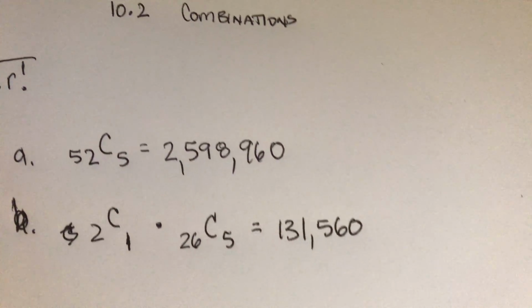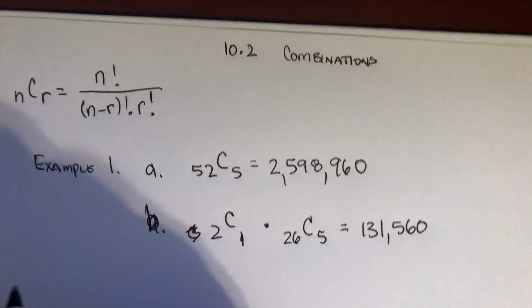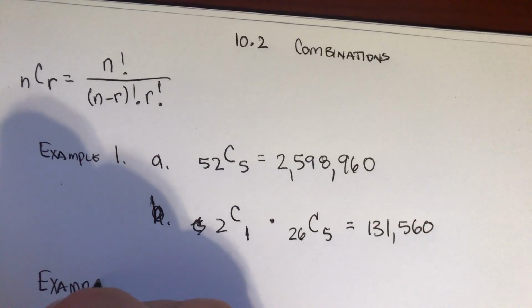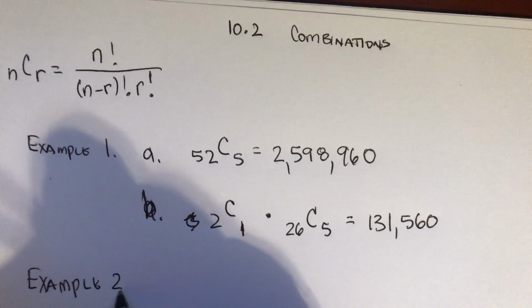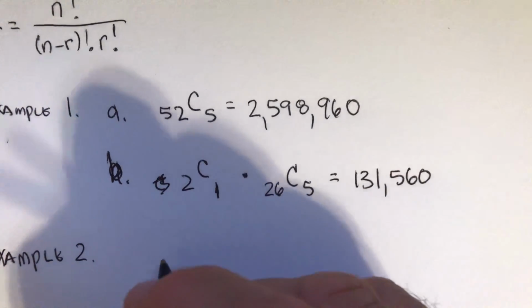Okay, let's look at example number 2, because example 2 is a little more involved. William Shakespeare wrote a total of 38 plays.